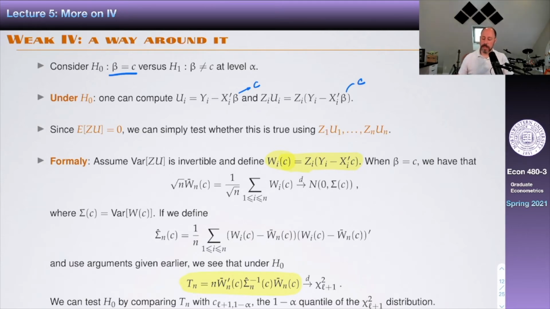And by the results that we know from previous classes, since this guy is asymptotically normal, this Wald type test statistic will be asymptotically chi-squared with L plus 1 degrees of freedom under the null hypothesis. So we can test the null hypothesis by comparing this test statistic with the quantile of a chi-squared.